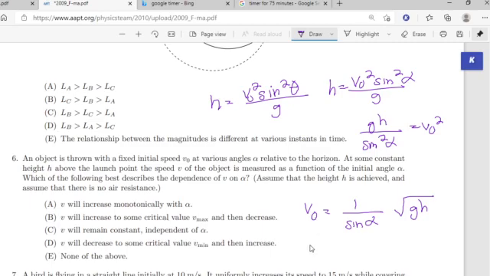Okay, let's just try some angles. If we did 0 degrees, then it would be undefined. If we did 30 degrees, we get 1/2, which means that this is 2 root gh. If we do 45 degrees, we get root 2 over 2, which means this is root 2 times root gh. If we did 60 degrees, it's root 3 over 2, which is 2 over root 3 times root gh. So it seems to be decreasing.